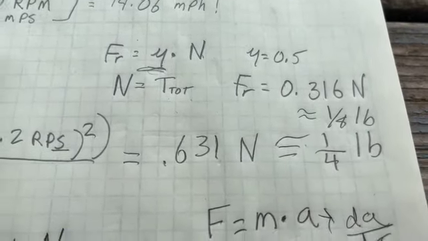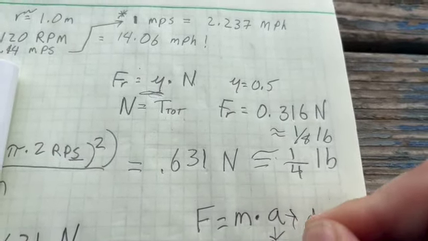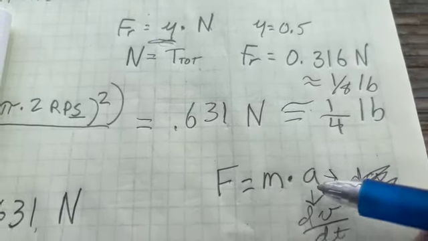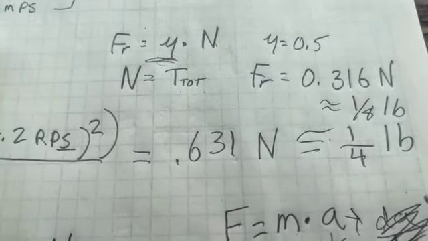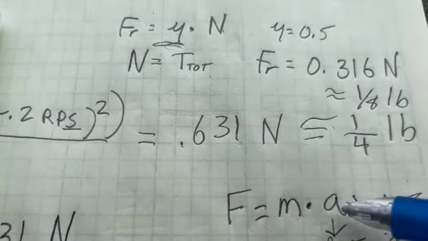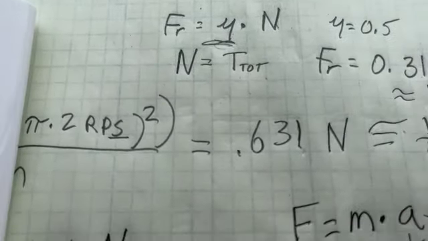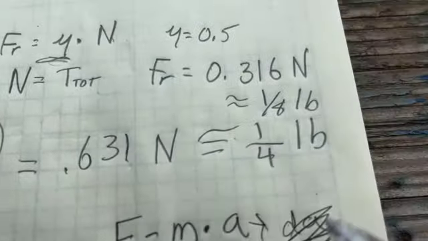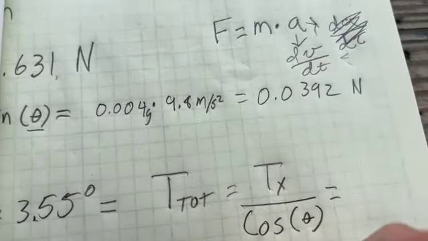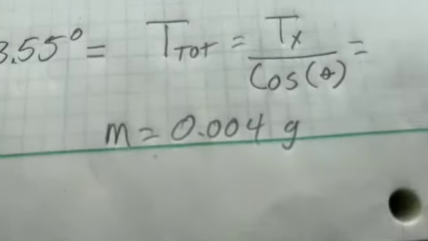So I'm going to write it in its form: a equals the change in velocity over time. The reason why the friction is significant is because it represents an opposition to the motion. If the force is this high on a mass equals 0.004 grams, let's calculate the acceleration.